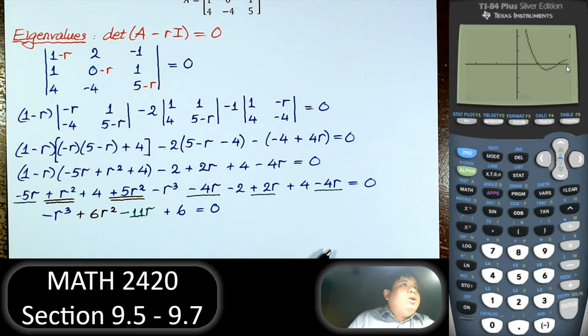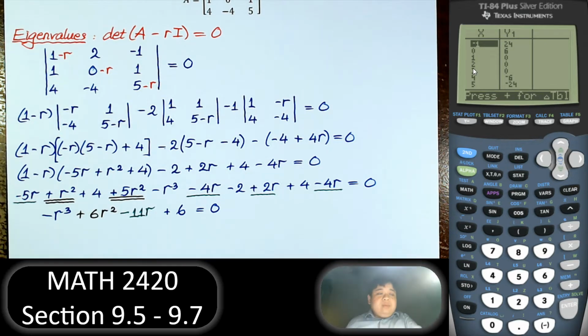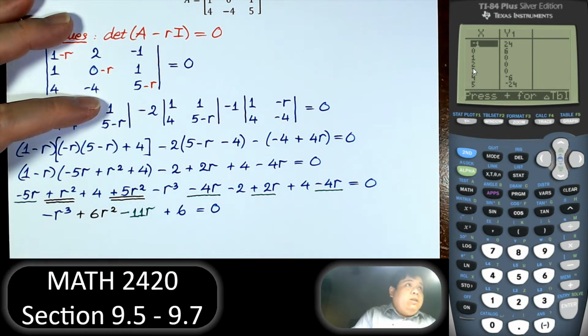Okay, 1, 2. Just go to the table then. Right, 1, 2, and 3. It's nice. So that could be the equation: r equal to 1, r equal to 2, and r equal to 3.